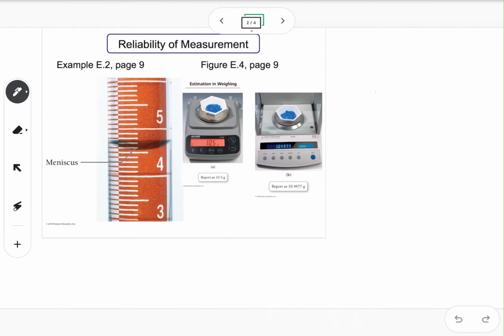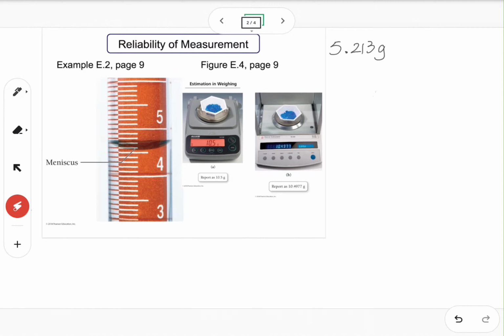In other words, if I have a data here, 5.213 gram, when you have this data, the 5, 2, 1, those three digits are accurate, or certain. But the last digit, 3, is uncertain. It's from our estimation.